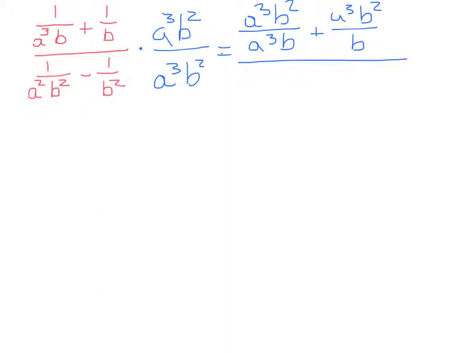Now we're moving down into the denominator, and we'd have a cubed b squared over a squared b squared minus a cubed b squared over b squared.